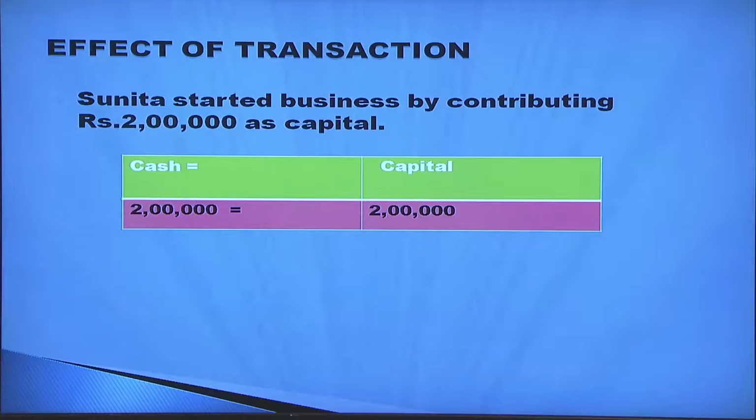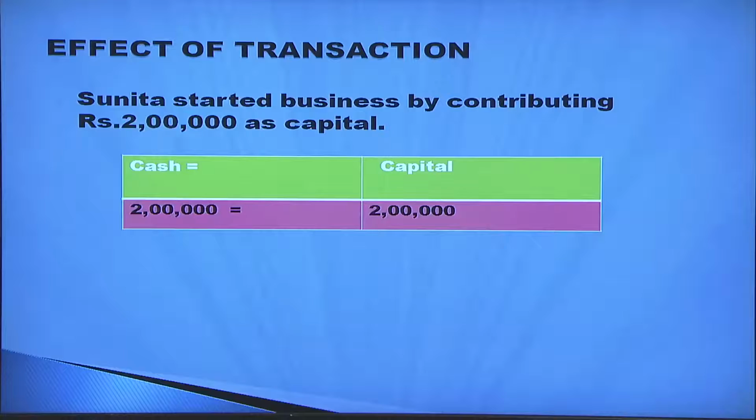Sunita started business by contributing rupees 2 lakh as capital. Now let us study how this is affecting the accounting equation. Started business with capital, that is cash is coming in the business. So I have given here in the equation cash equals capital. 2 lakh rupees cash is invested in the form of capital.